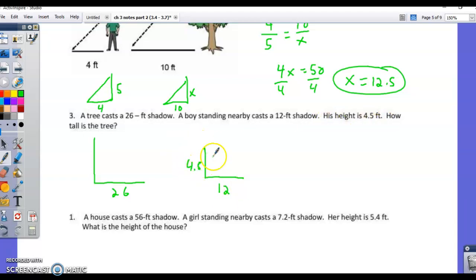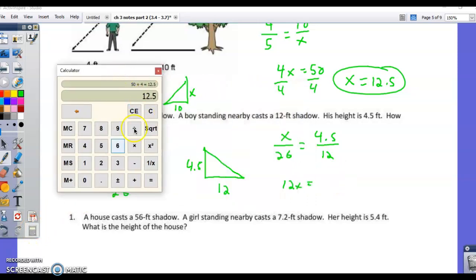So we can set that up, and you can kind of see our triangles here. If we're setting that up, how tall is the tree? Well, this is our unknown right here. So we can do X over 26 equals, since I did the X first, 4.5 over 12. And then cross multiply, get your answer. 12x equals 26 times 4.5.